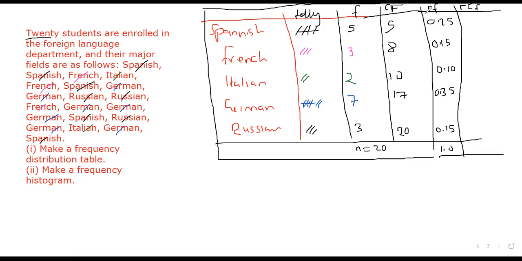Then we can have the relative cumulative frequency as we were doing here. The last number must be 1 or 100%. You don't add the cumulative total. So you bring this one here, 0.25.